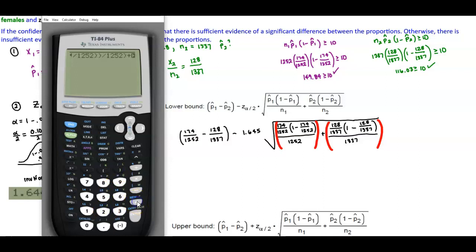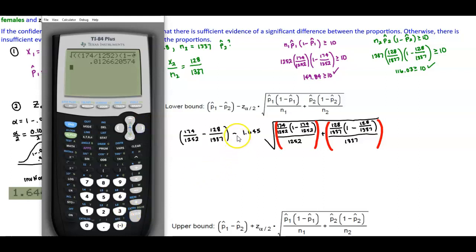Okay, and now we're going to add, again, parentheses, and then parentheses again, 128 divided by 1337 times 1 minus parentheses 128 divided by 1337, close the parentheses, and then we're going to divide that by 1337, close the parentheses, and then we're going to go ahead and select enter.